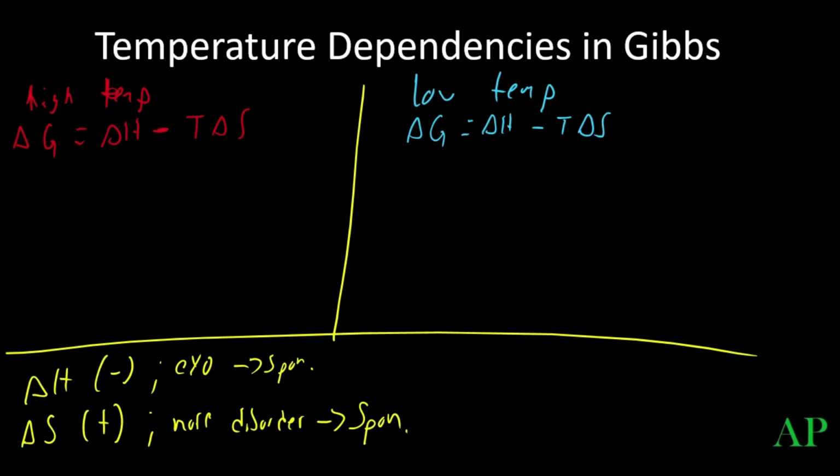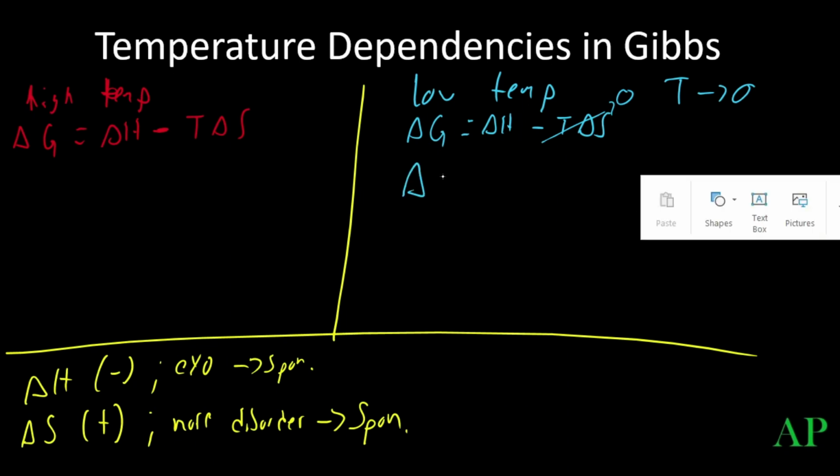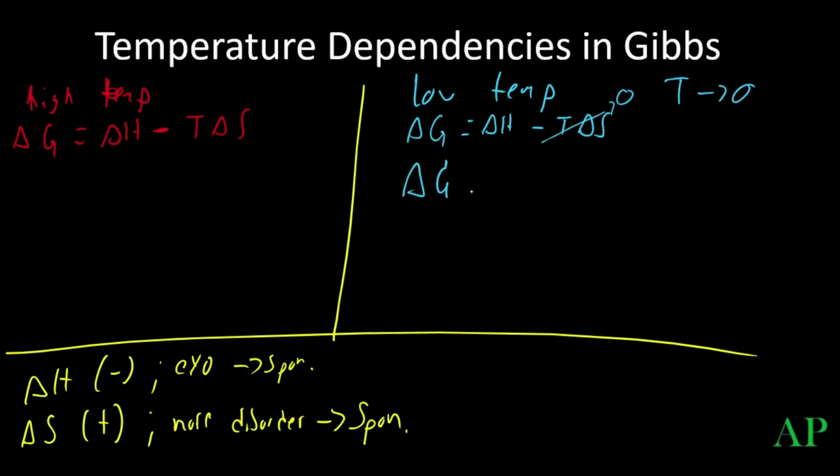Under low temperatures, the condition would be that T is going to approach 0. When T approaches 0, anything that's being multiplied by T would also approach 0. So this entire term will be sent to 0. Then we are left with Gibbs is just going to be approximately equal to your change in enthalpy.